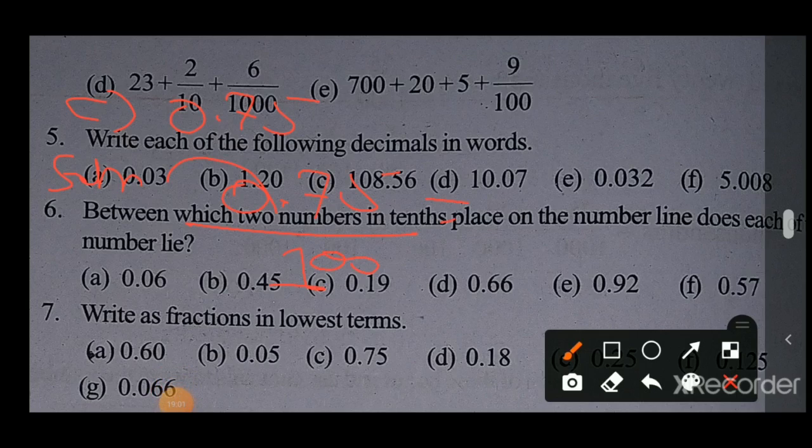Now the new fraction is 75 upon 100. And now we do the cut short for the lowest term. It is 25 3s are 75 and 25 4s are 100. So it is equal to 3 upon 4. This is the solution of C part.